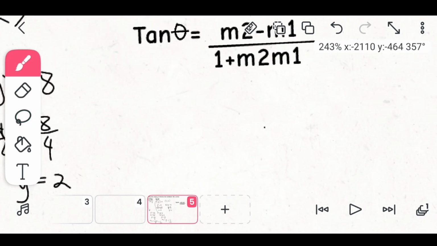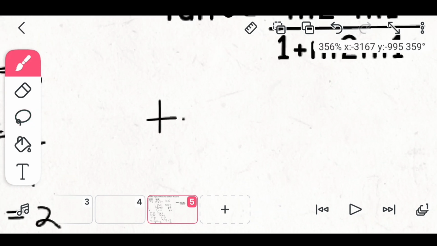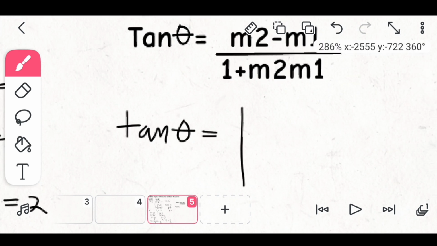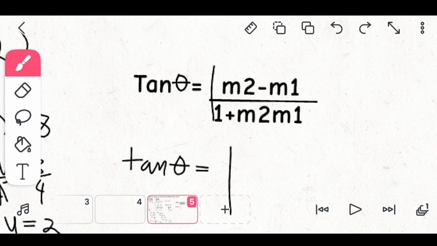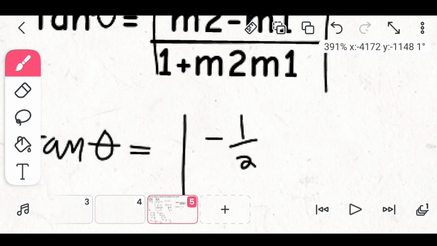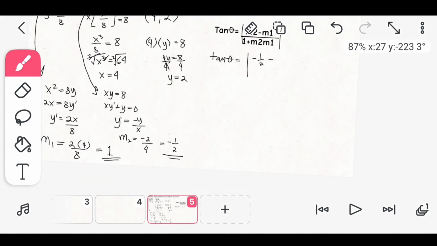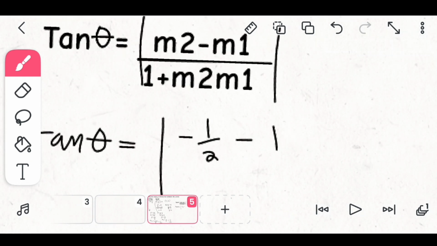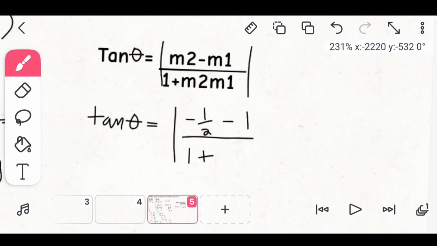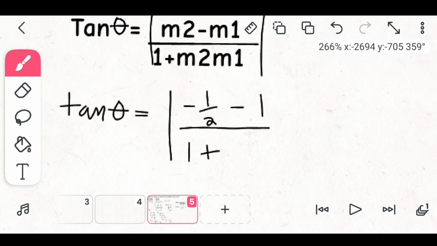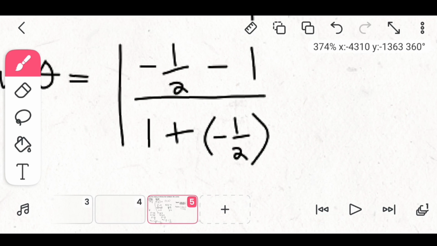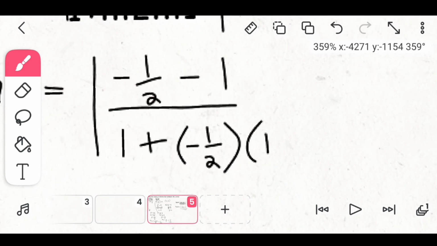After that, we apply the formula, which is tangent theta is equal to absolute value. I forgot to put absolute value. Absolute value of, let's just substitute the values, over 1 plus negative 1 half times 1.